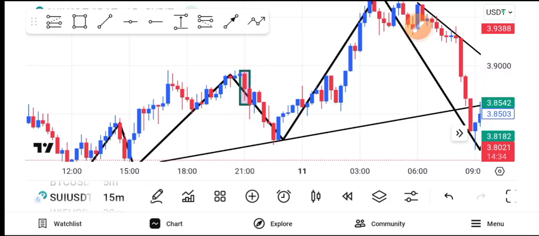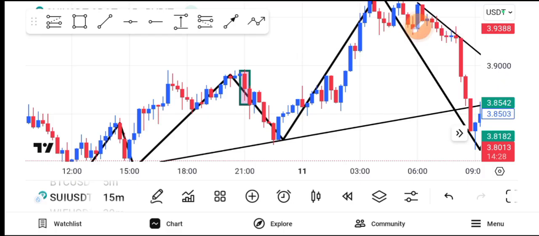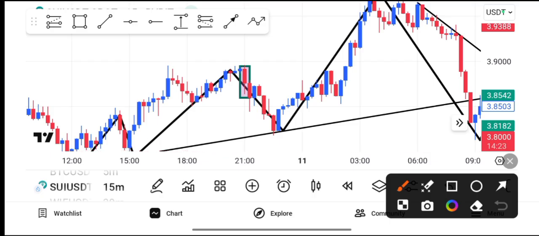Now buyers came here. Buyers were pushing the price from where we have the double bottom tweezer to this very point. It was very hard for them to go up.